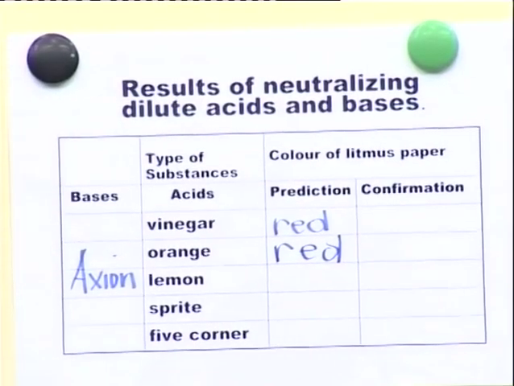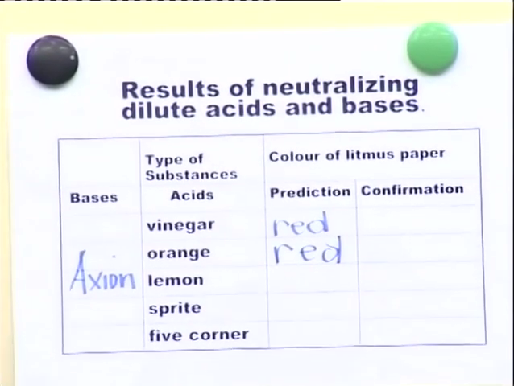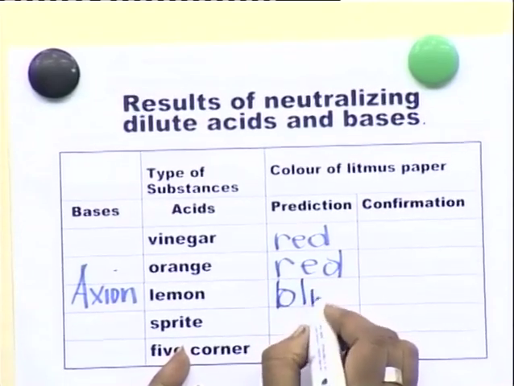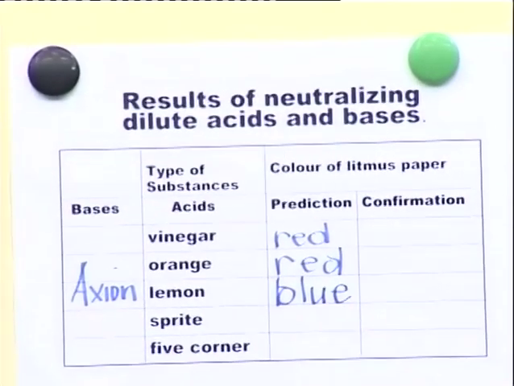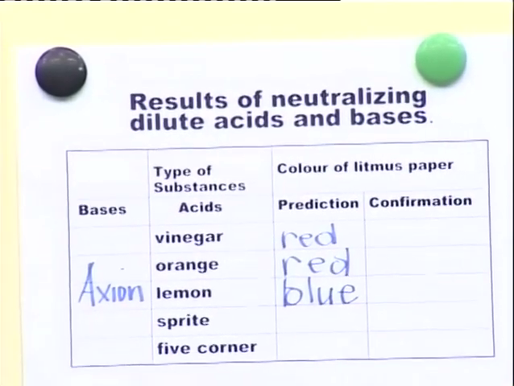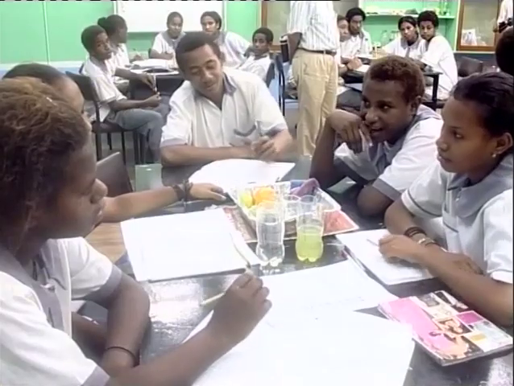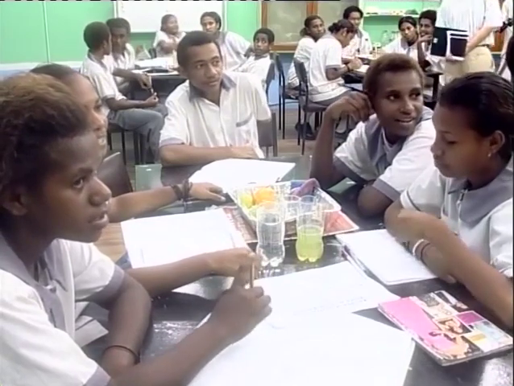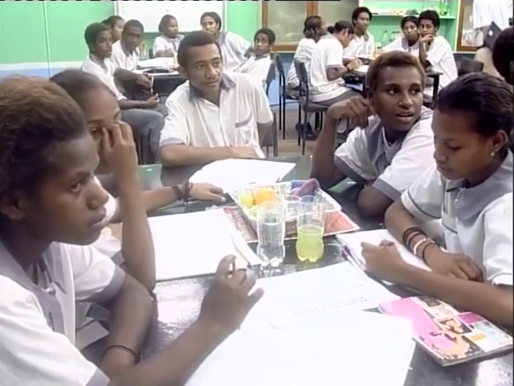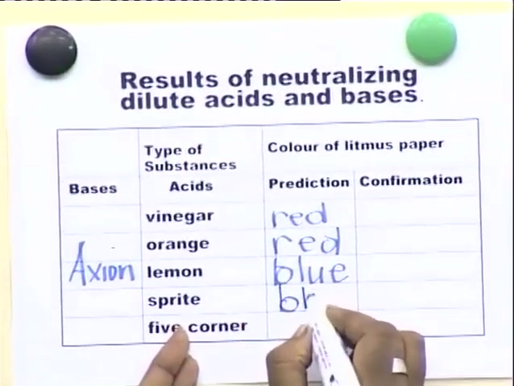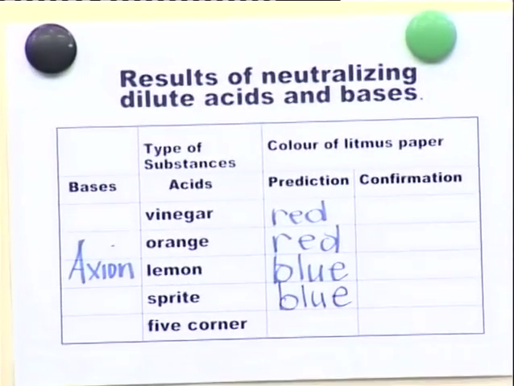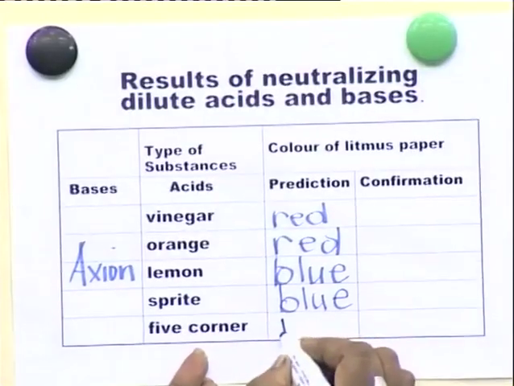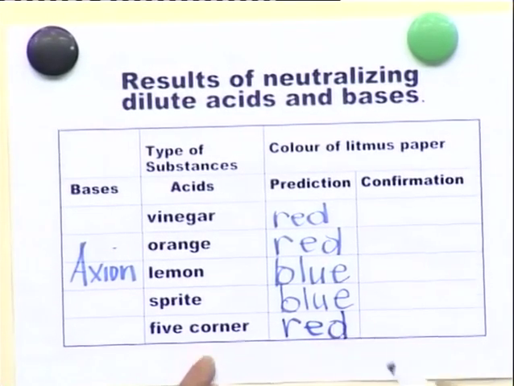To lemon. Blue. Sprite, that's one of the drinks. Remains the same. That's blue, because we are using blue litmus. How about 5 Corner? Red.